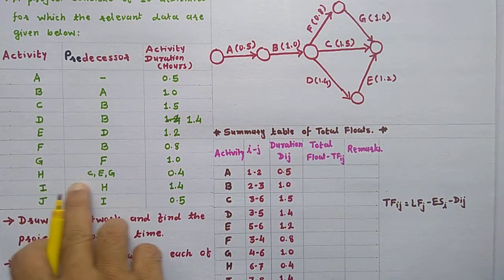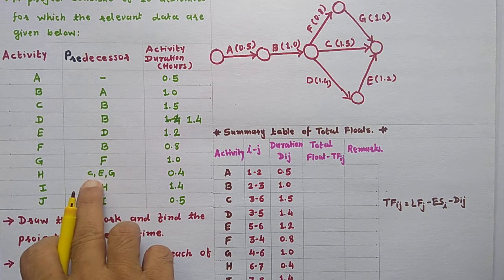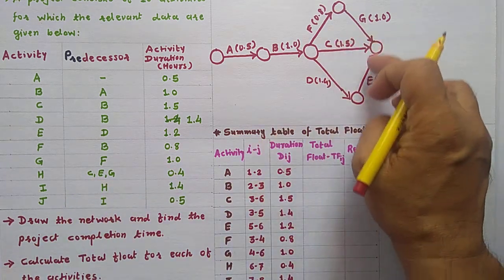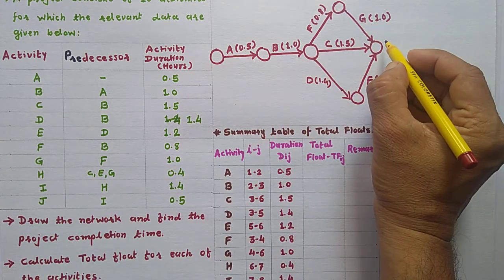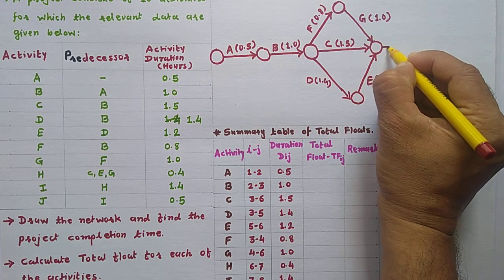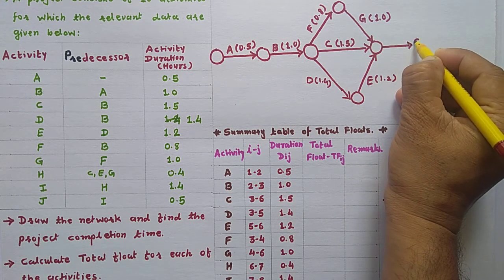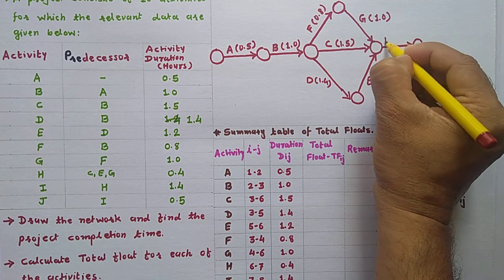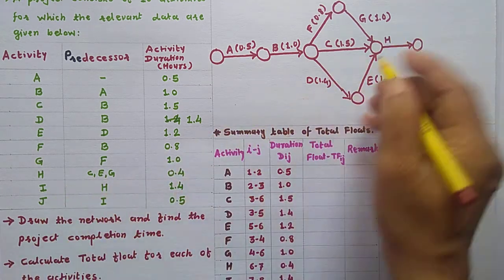Then activity H, predecessor C, E and G. So I will draw the event H, duration 0.4.